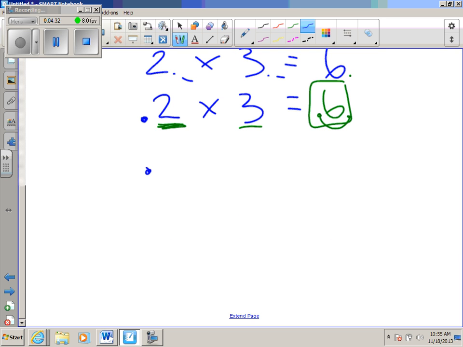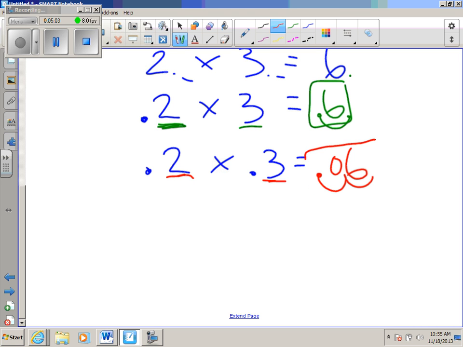If we go ahead and say 0.2 times 0.3, we'll take care of the decimal last. What is 2 times 3? 6. But instead of just 1 decimal place, I have 1 and 1, which make 2. So I have to move this decimal 2 places. What's going to go in between the decimal and the 6?